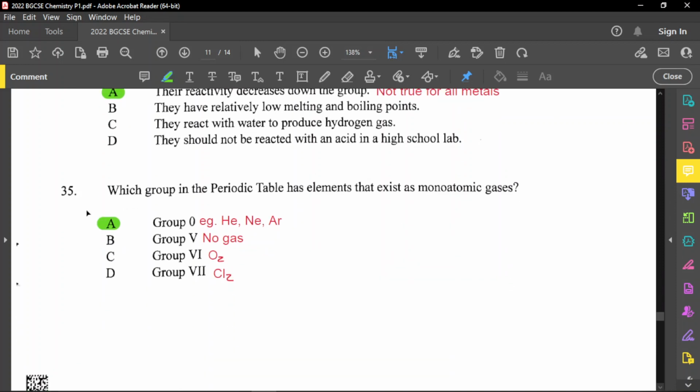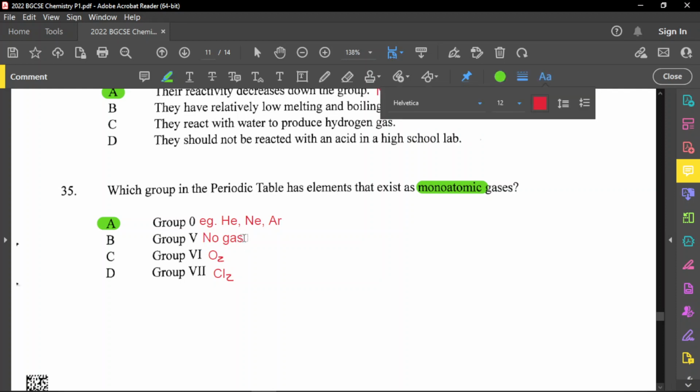All right, so question number 35 is which group in the periodic table has elements that exist as monatomic gases? And when we talk about monatomic gases, we're talking about only one atom, okay? So group 8 or group 0, they are, for example, helium, neon, argon. They are gases, and they are monatomic gases. Group 5, they are not gases, with the exception, of course, of nitrogen gas, which is N2.